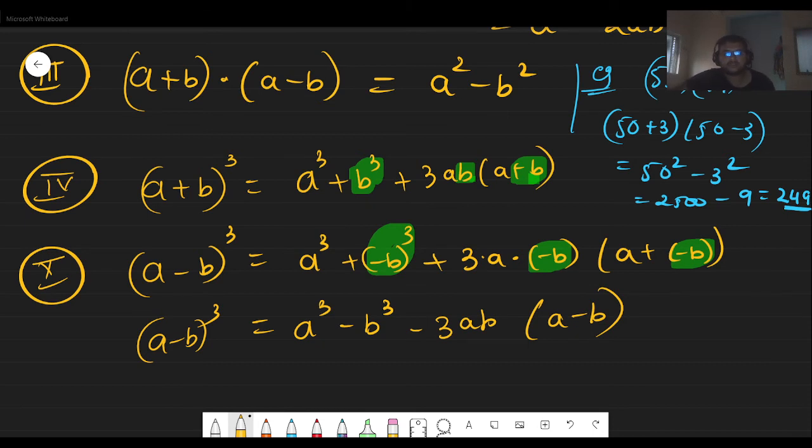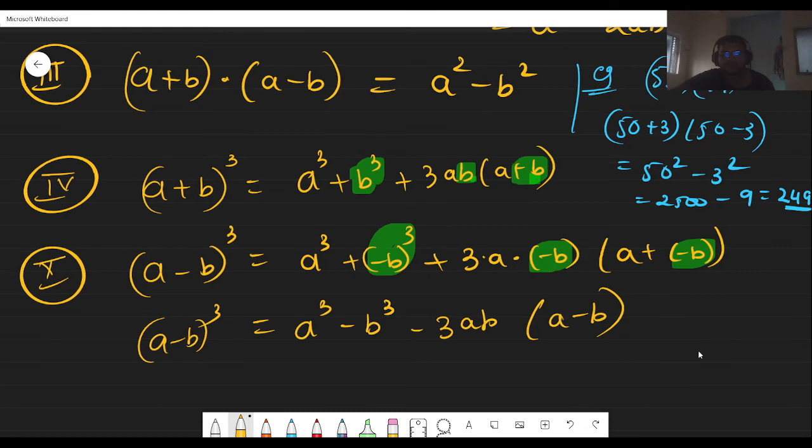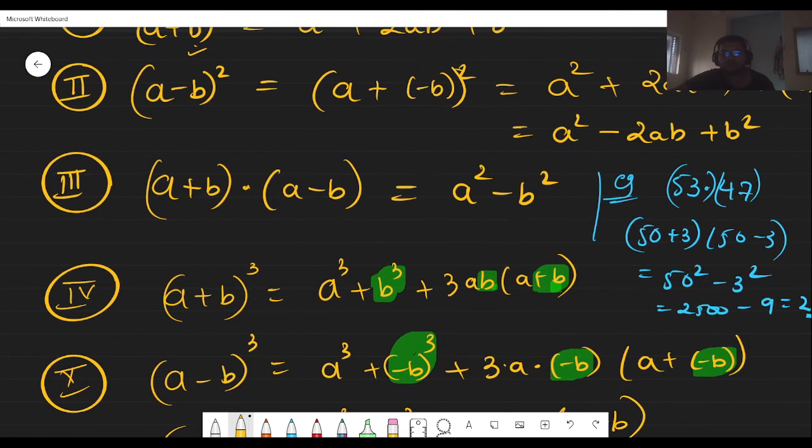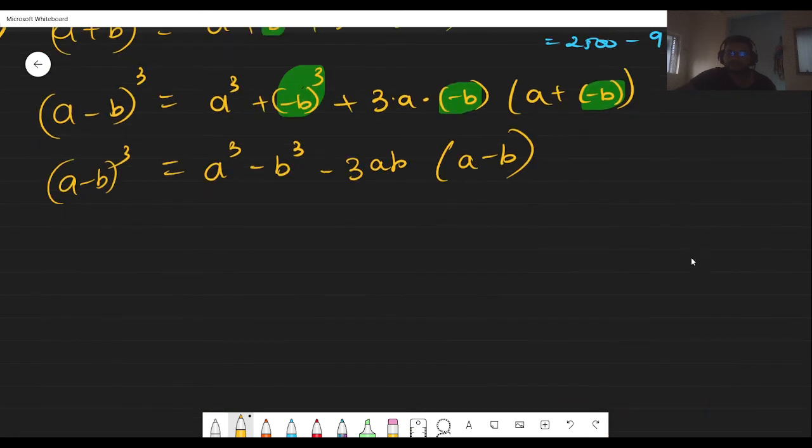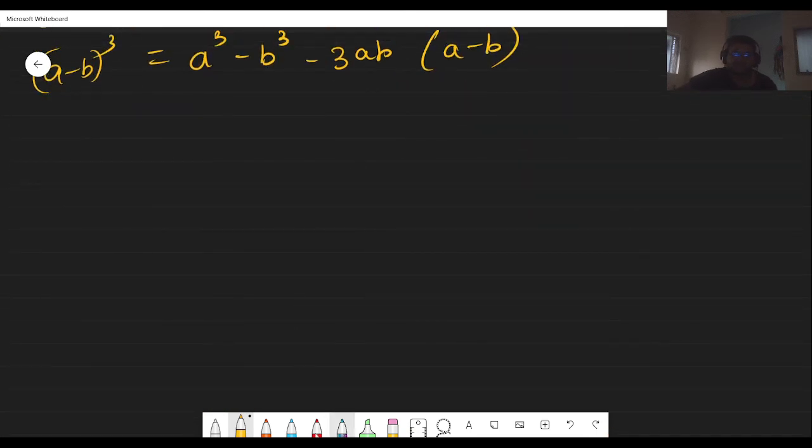Now, what we have to learn here is that you can simply mug up the formulas, but many times the right hand side term will be given, and you will be asked to find what is equivalent on the left hand side. Let's say a simple question, example 1: it is given 4x square minus 9y square.